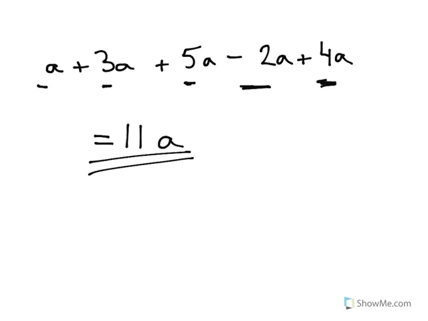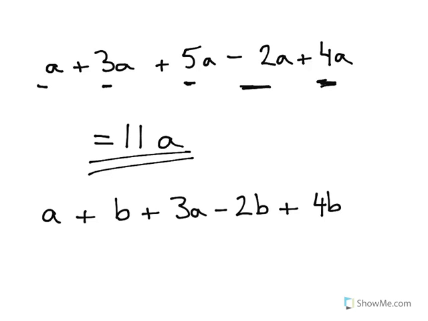What do I do then if I've got numbers like this? a plus b plus 3a minus 2b plus 4b minus 3a. Well, what I do in this case is I look at the a's first and I simplify. I add up all my a's. So let's identify where I've got an a in front.